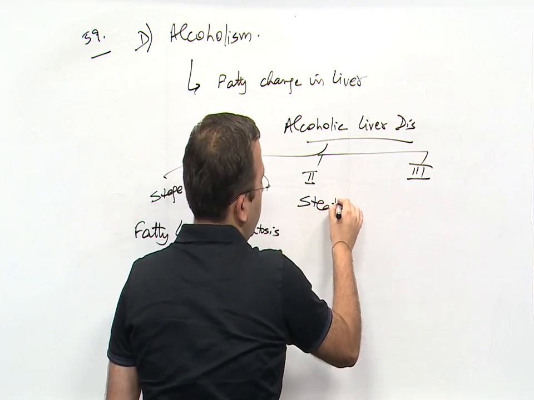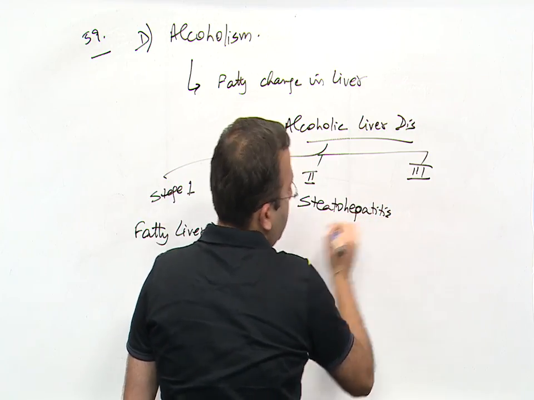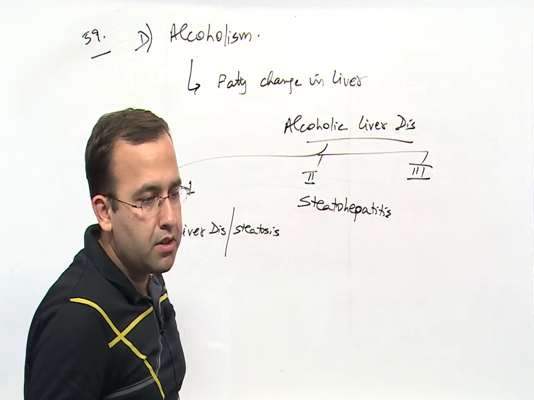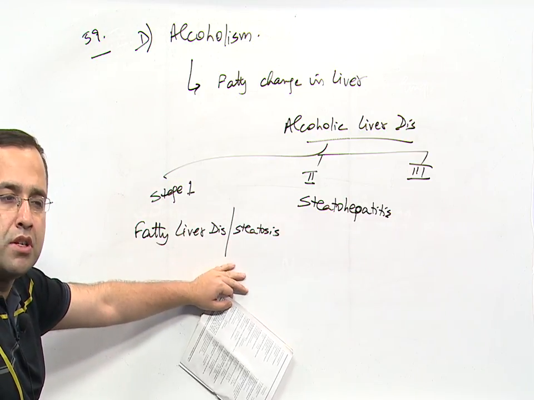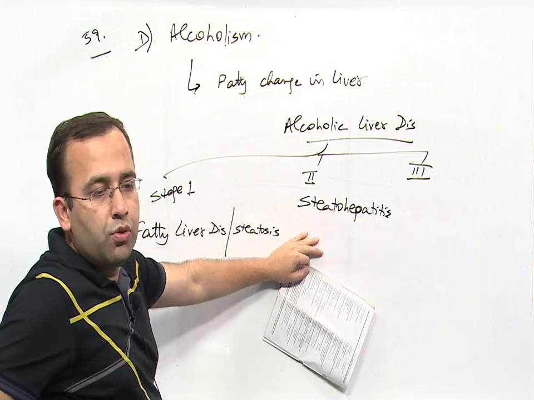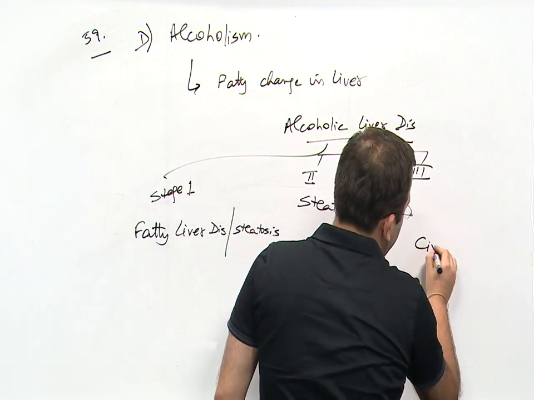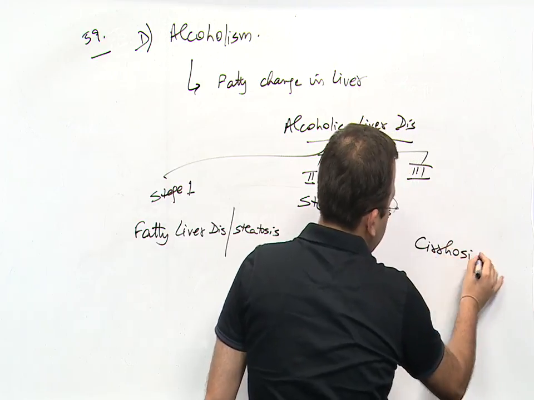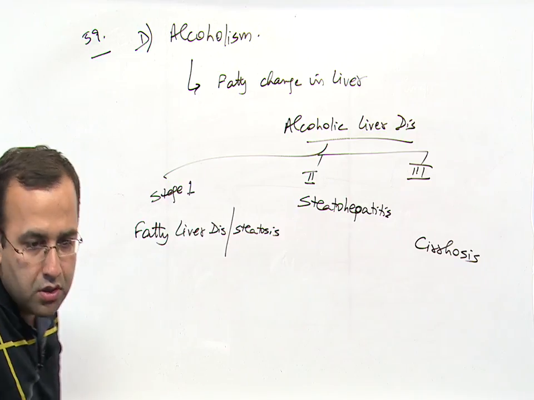Stage 2 is steatohepatitis. Whereas stage 3 is cirrhosis.